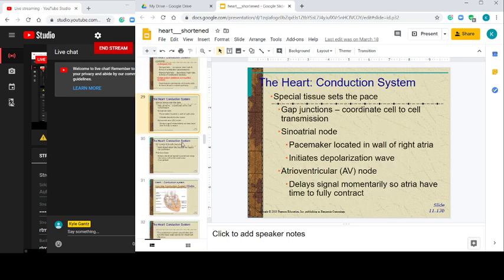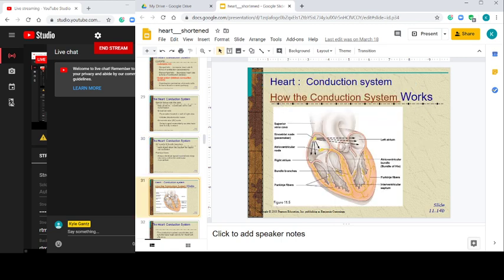And so really what we've kind of done is we've taken an overview of the heart, and how it looks, and how it was made. There were not any trick questions on the quiz, and also some basic information on how the electrical portion of the heart works and how that has to coordinate.